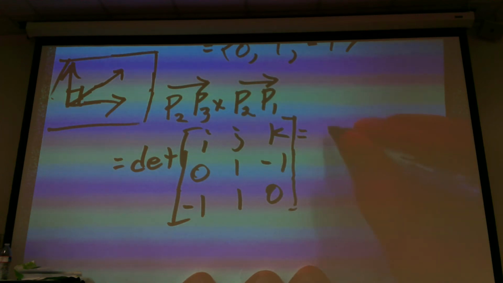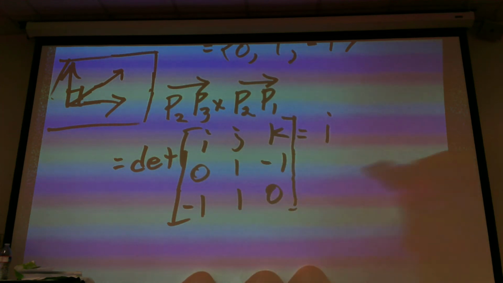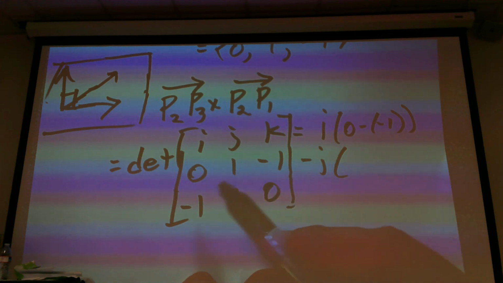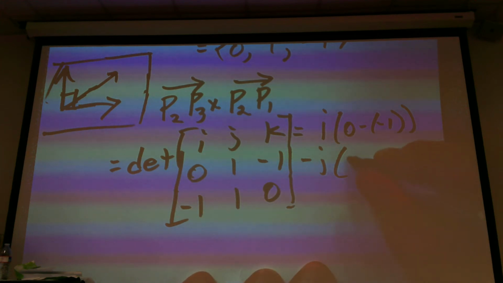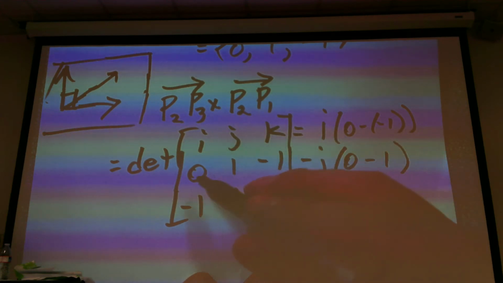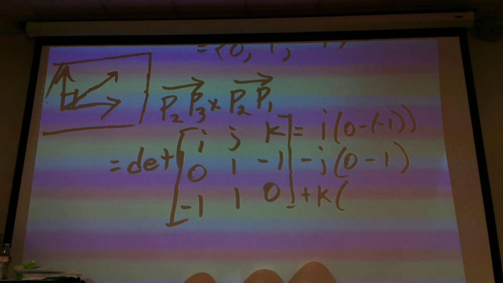So this would equal I. If I take the determinant of this thing, I is going to be associated with this guy right here, and so that's going to be 0 minus -1. Then minus j, that would be 0 times... and then -1 times -1 is a positive 1, so that's going to be -1. And then plus k, taking the determinant of this guy over here, so that's 0 times 1, and then 1 times -1 is -1.